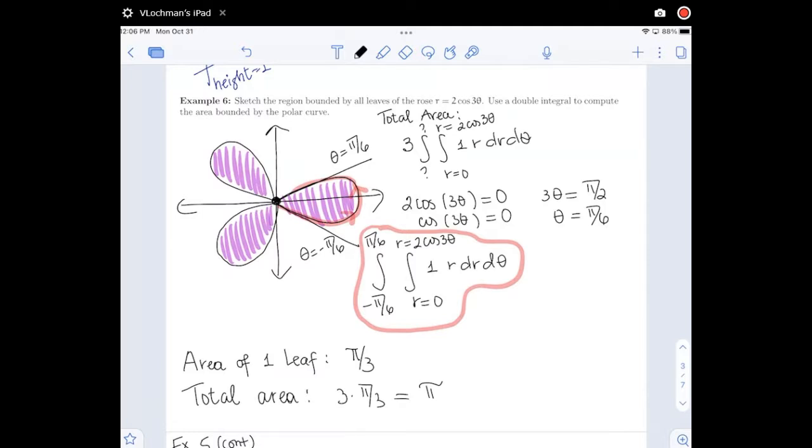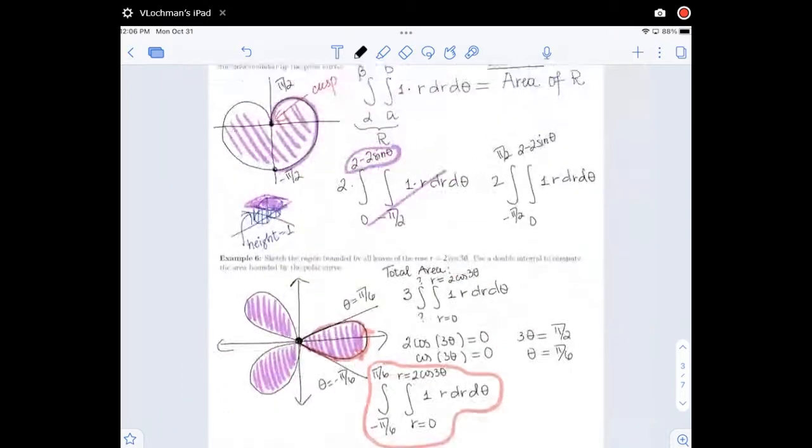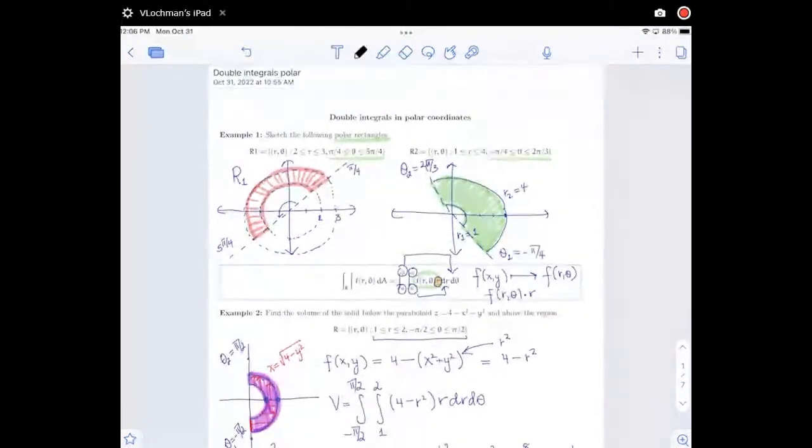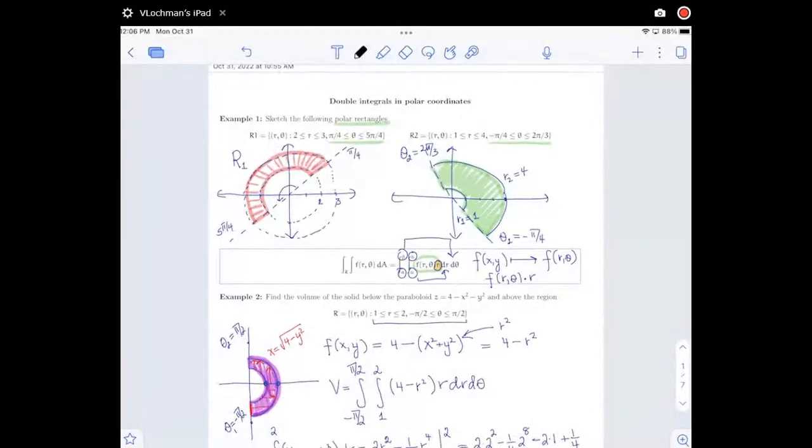Okay, all right, so here is your first portion of the lecture. That would be double integrals in polar coordinates. So what's the emphasis here? Recognizing these regions, these rectangles that are not really rectangles, polar rectangles. We should be able to sketch them.